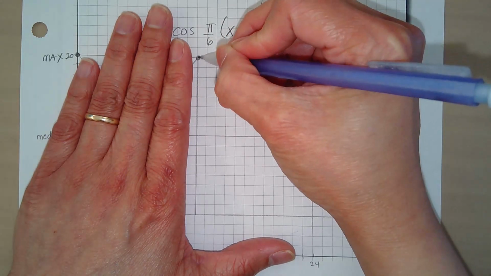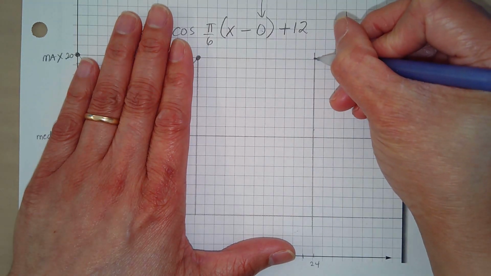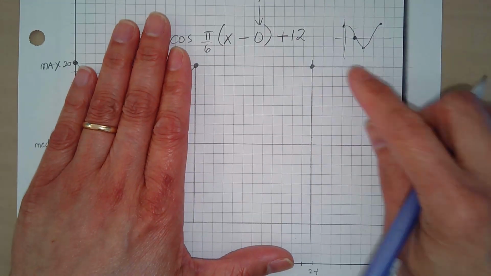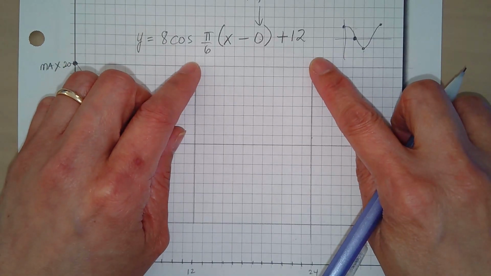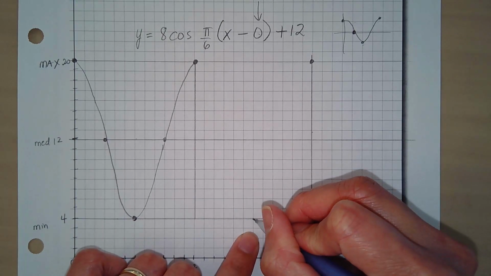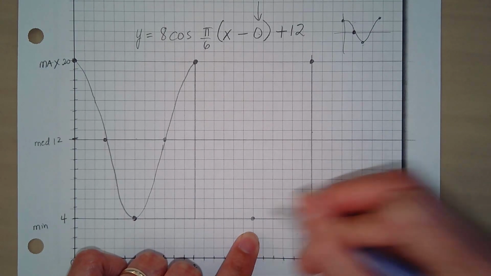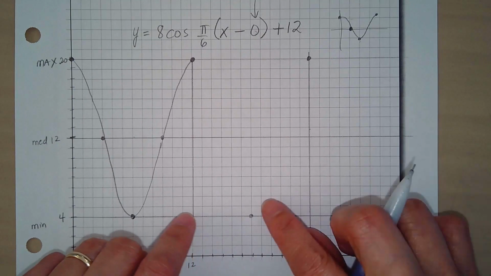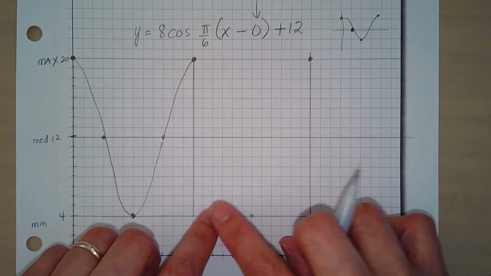So the first key point is maximum. In the middle of those is the minimum. And in the middle of that would be median.